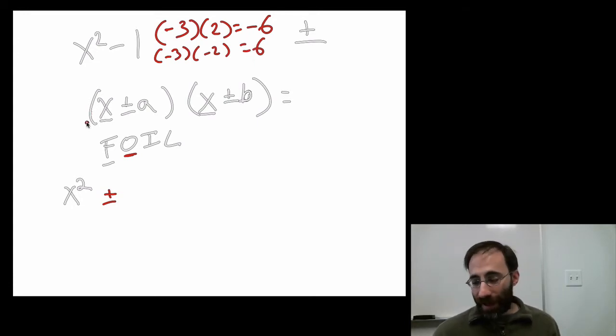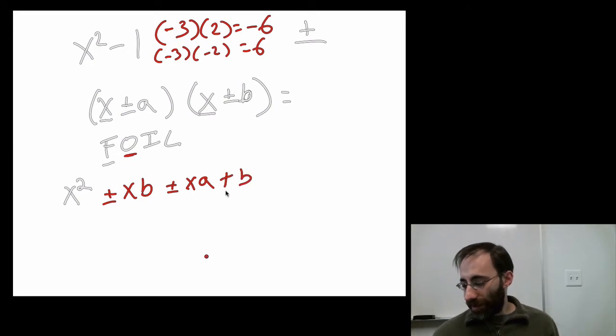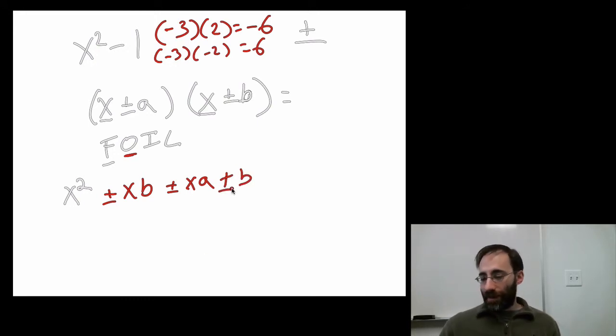So x, which is positive, times a negative or a positive, might be negative or positive, so we'll leave that like that. Inner, the two inner ones, so it's again a plus or minus x a. And the last one is ab. There's a plus or minus as well, because this one could be plus, this one could be minus. So this is what we get.